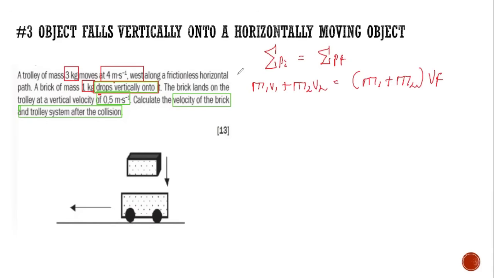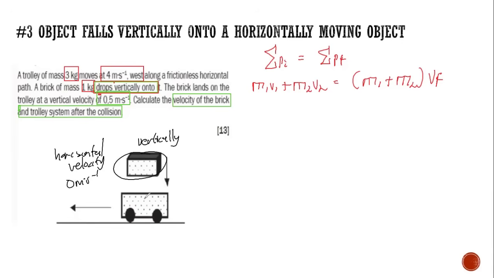Now let's understand this. If an object is dropping vertically onto a horizontally moving object, we have to note that it does not have any velocity in terms of its horizontal movement. So if we consider the horizontal velocity of this brick, it is 0 meters per second.